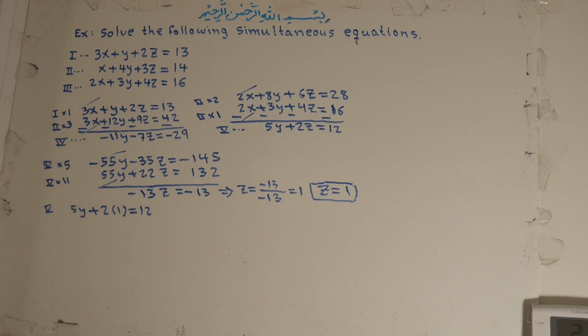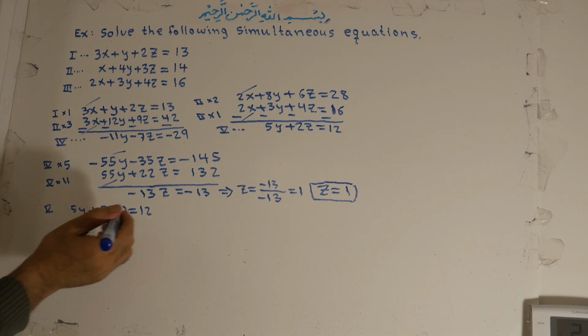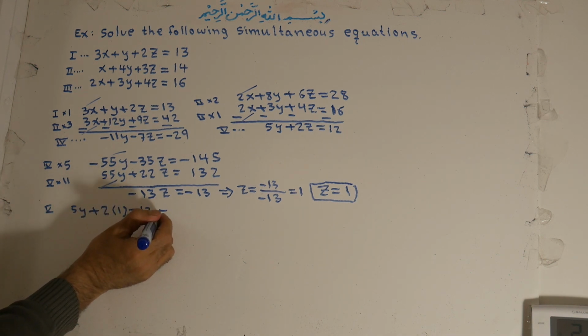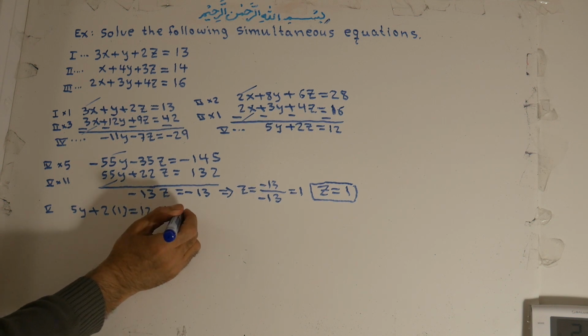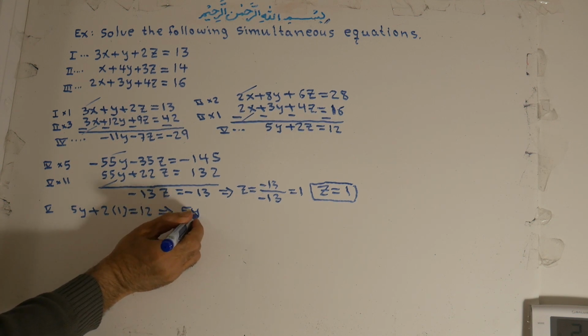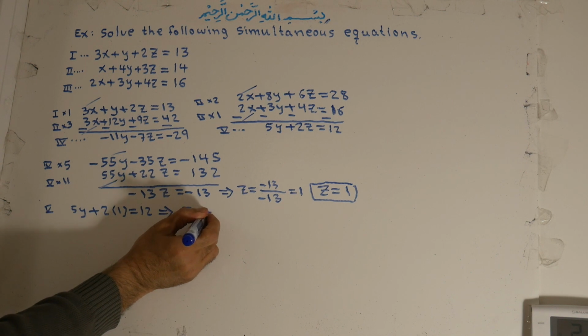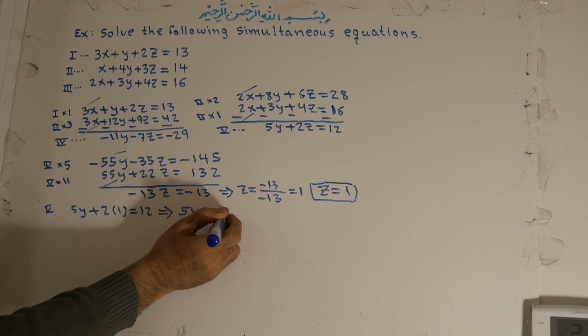From here 5y plus 2 times 1 is 2, is equal to 12.